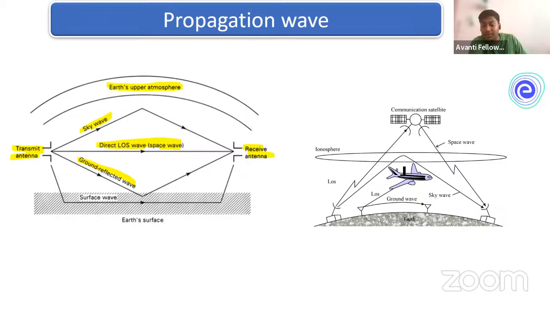For ground to ground signal transmission, we have ground to ground. With line of sight, if we have a transmitter and a very high altitude receiver inside an aeroplane, the signal is transmitted from this point to this point.